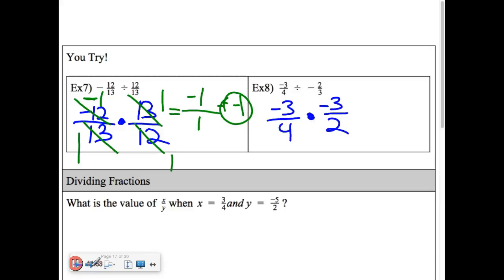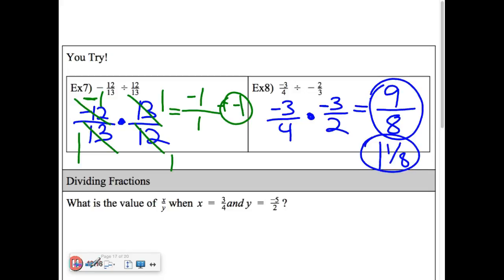So now all we're going to do is multiply straight across, top to top, bottom to bottom. So I have negative 3 times negative 3, which is going to give us positive 9. And I have positive 4 times positive 2, which is going to give us 8. Now, right now, I'm perfectly fine if you left that as 9/8. I maybe had a couple people who took this one step further and changed it into 1 1/8. These are both great answers. They will both get you an A+.